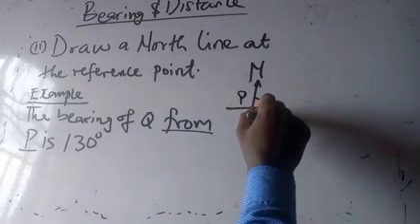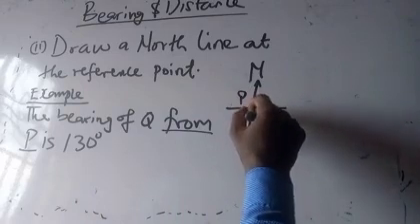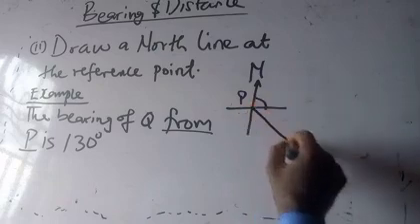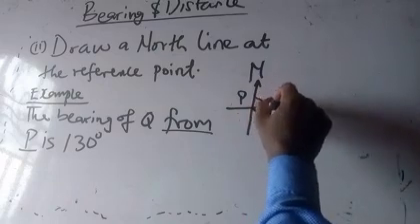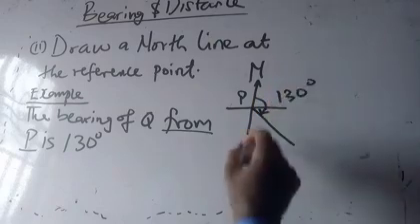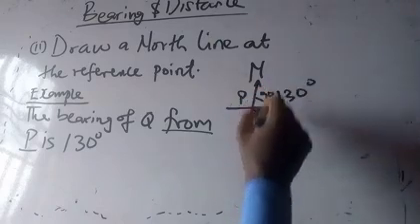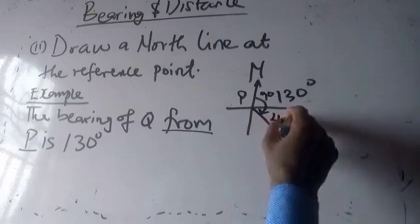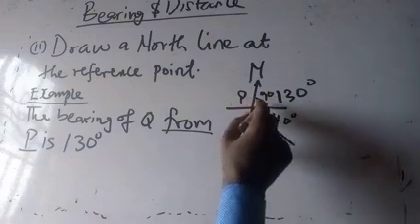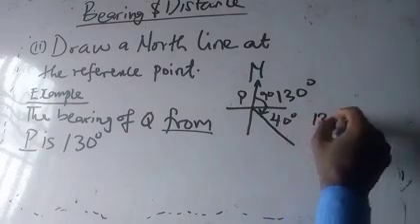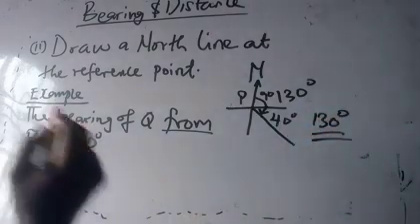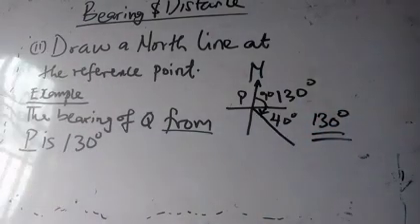When you add 40 to 90, it gives you 130, and it moves clockwise. This is 130 degrees, this place is 90 degrees, and this is 40 degrees. So if we add 90 and 40, it gives you 130 degrees. That's the second thing. You always draw your line from the north.